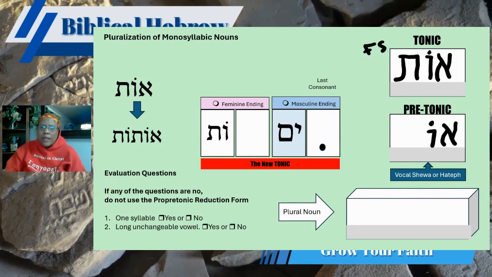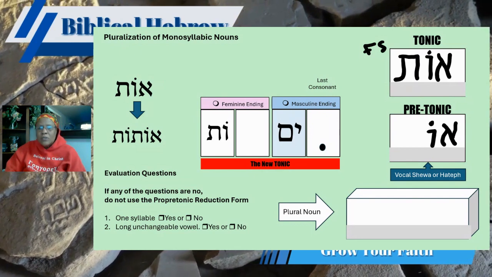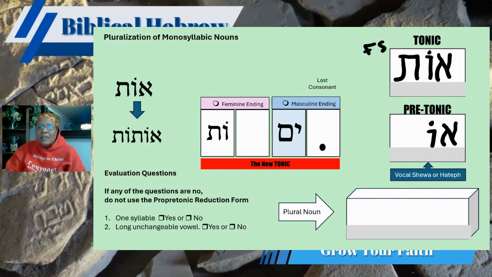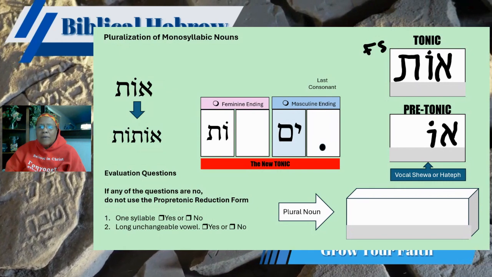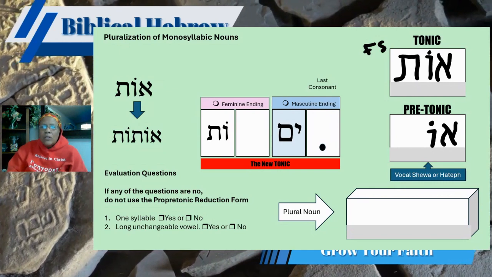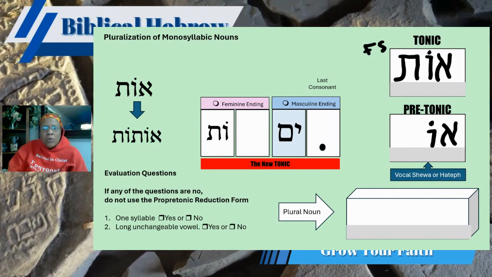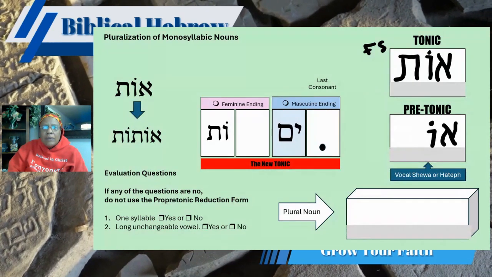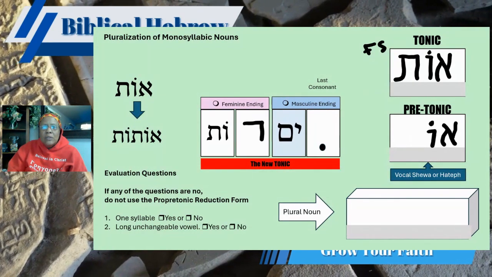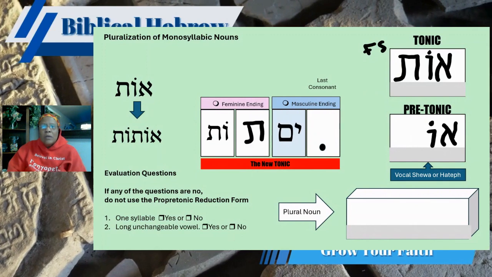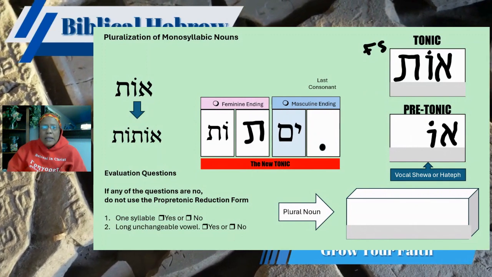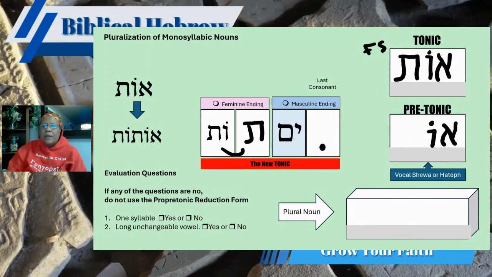Okay, so that's the ot, the O, and that's with the hataf vav. And then I'm going to pull the tav into the new tonic syllable. Notice that these two are going to come together.